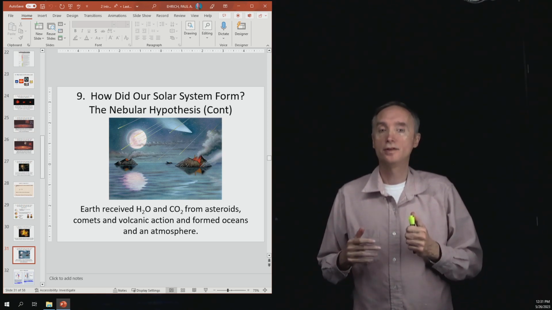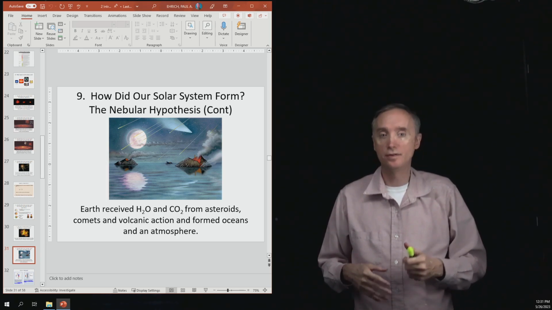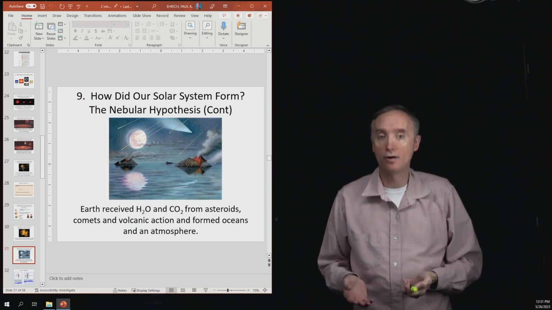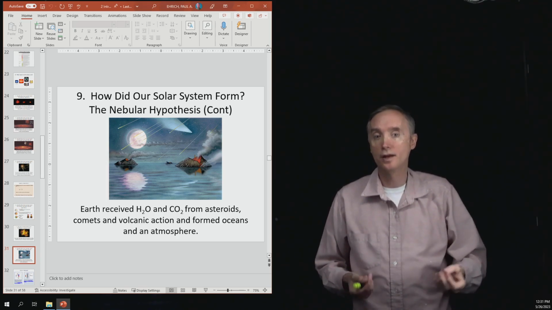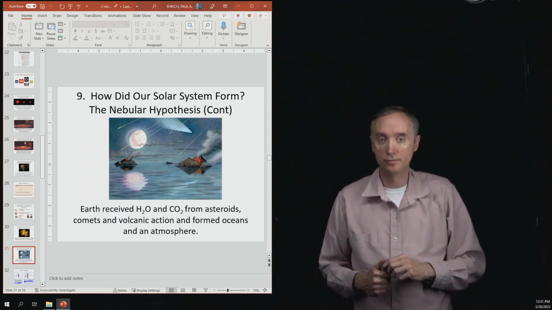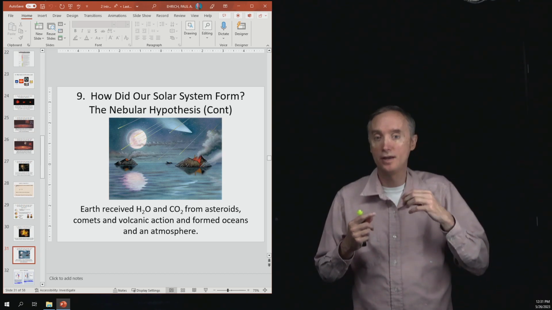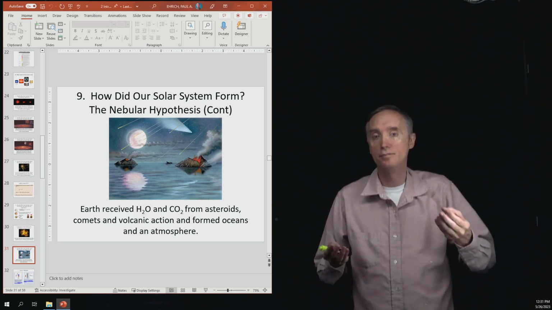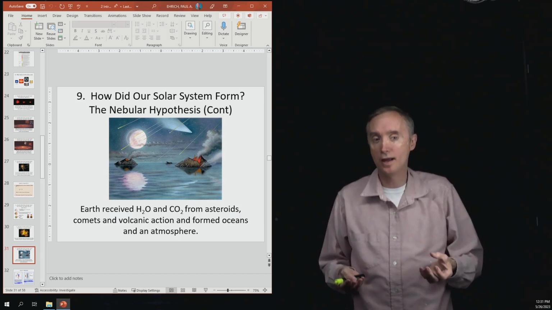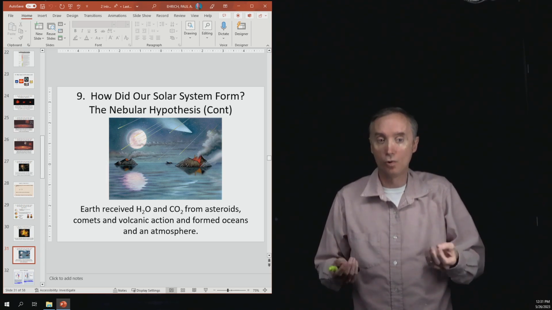And this is a very common occurrence. Even the tailpipe of your car gives off water and it gives off carbon dioxide. So this happens quite often, and the asteroids that made the planet carried in water.